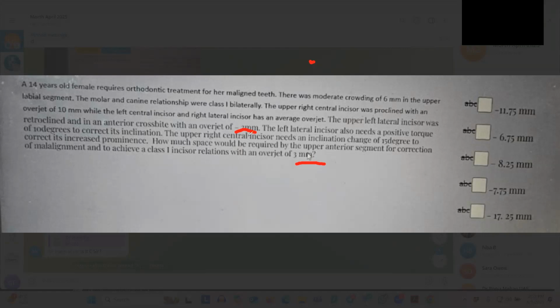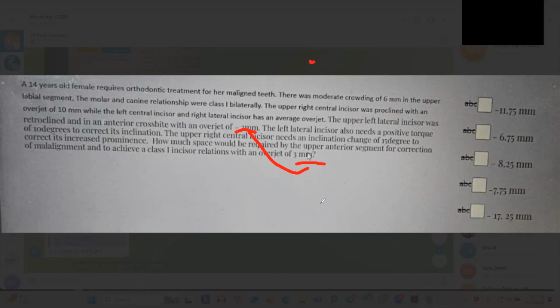Sir, please explain how we get 5 millimeter. You are going from minus 2 to 3, so we are proclining by 5 millimeter.